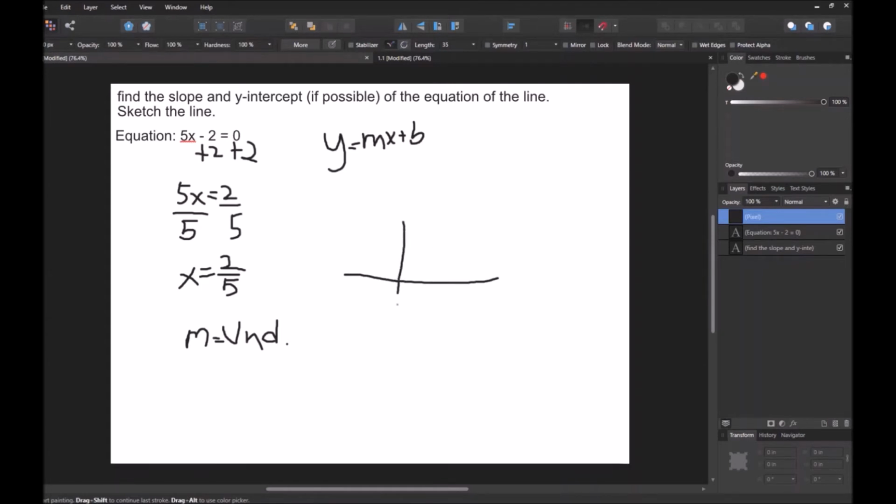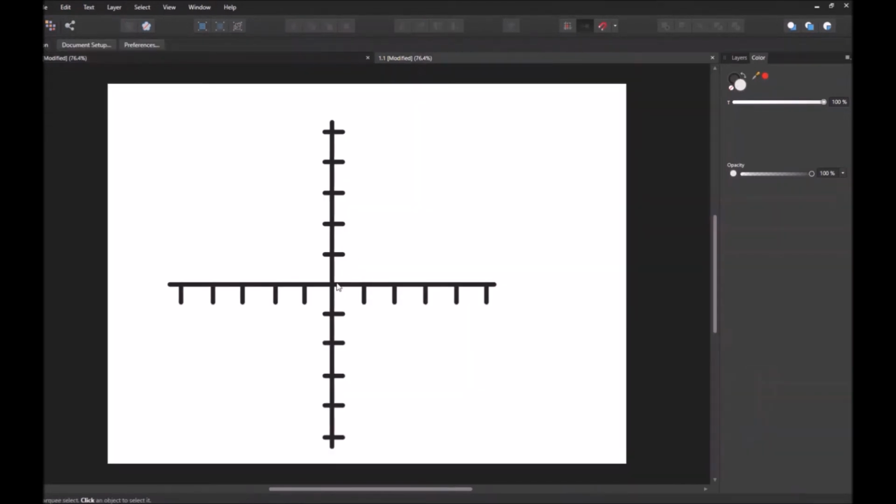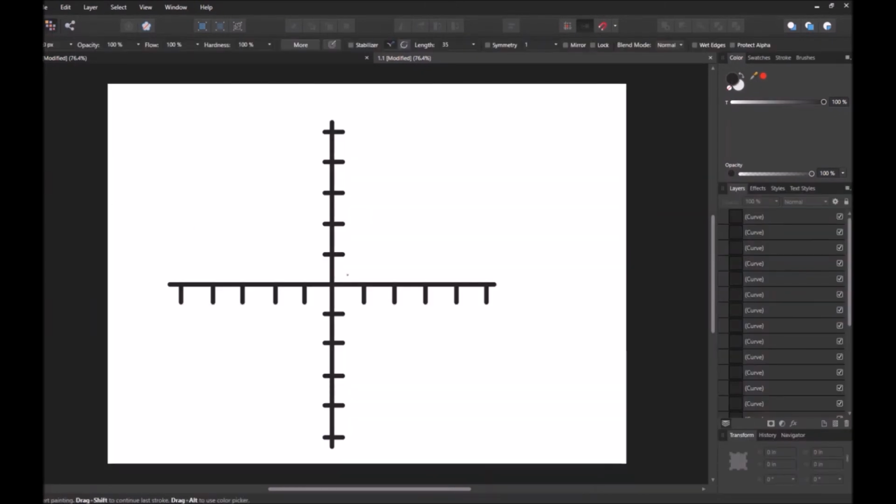So if you look at a graph, let's say 2/5 is just over here. So we have this vertical line here. There is no point on this graph where the graph of the equation crosses the y-axis, meaning there is no y-intercept. So let's try to graph this then. So 2/5 is going to be somewhere in here, somewhere between 0 and 1.